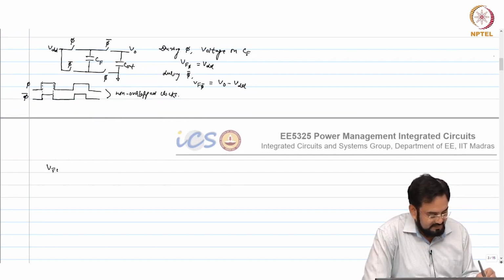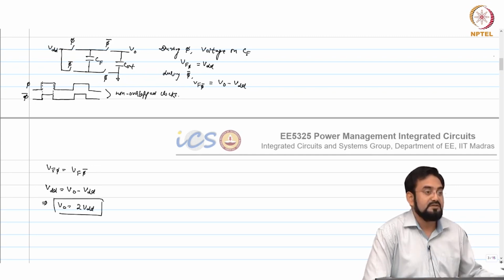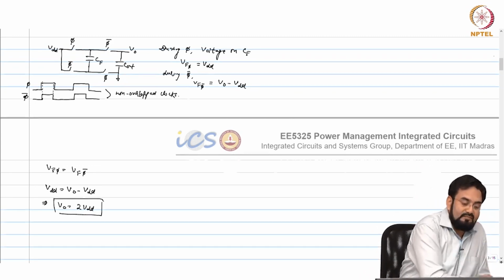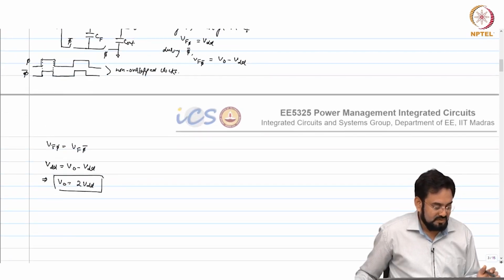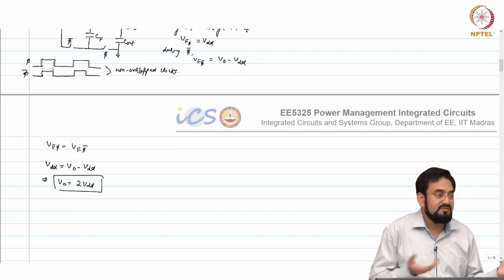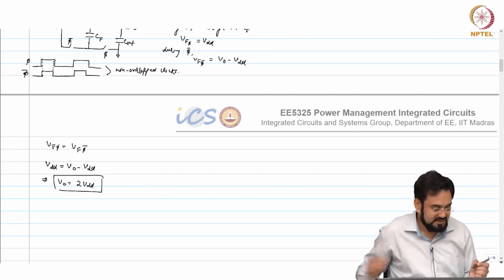Now, Vf phi equals Vf phi bar, which means VDD equals Vout minus VDD. This implies Vout equals 2 VDD, which means I will get an output 2x of your input. This is the ideal case.